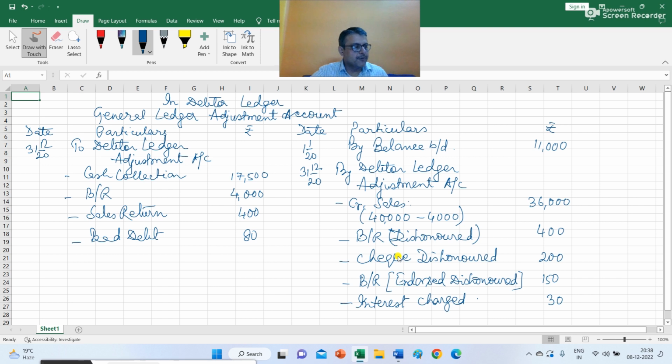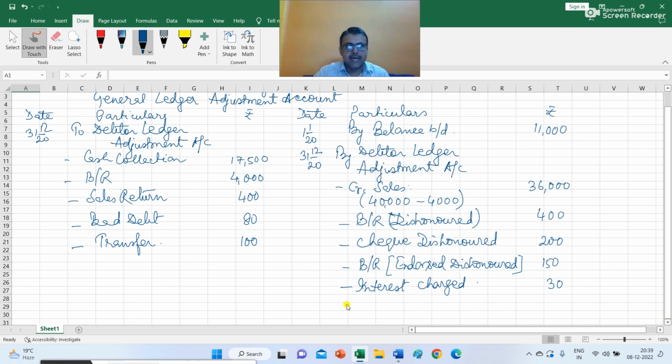Next is transferred from bought ledger, rupees 100. This figure is going to reduce the creditor balance as well as the debtor balance. So there is a set off between the debtor and creditor, and I record here transfer, rupees 100. And the last transaction is sundry charges debited to customer. On the credit side I write sundry charges, rupees 30.